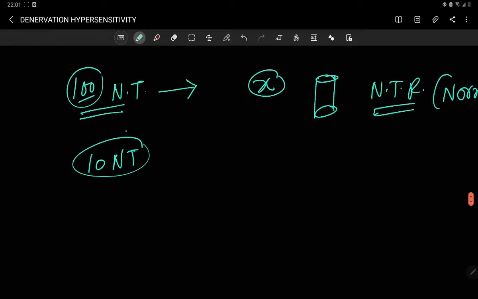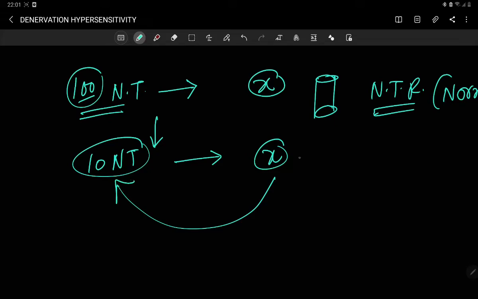But now the concentration of the neurotransmitter is reduced to 10, and this 10 is also now able to stimulate this same X number of receptors. That means the sensitivity or responsiveness of this receptor towards the neurotransmitter is increased. It is now more sensitive.